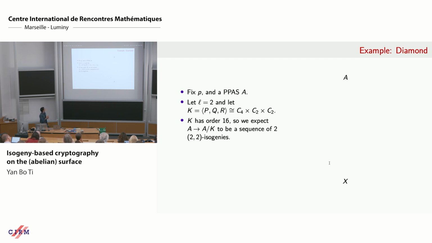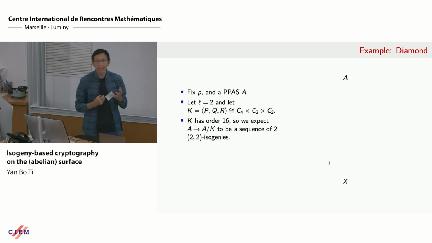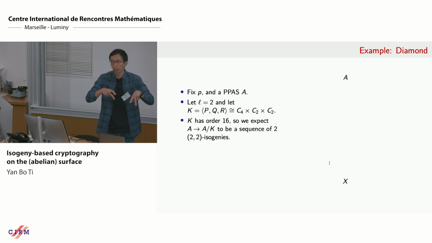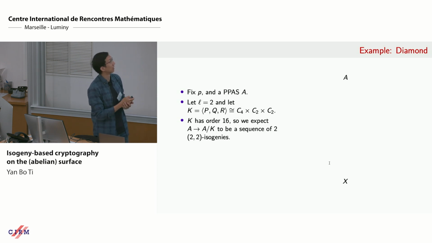You let L be equal to 2, and you consider this kernel structure where this is a rank 3 kernel, so it looks like C4 cross C2 cross C2. Because K has order 16, you expect this sequence to factorize into a pair of 2-isogenies. Too many twos in there.